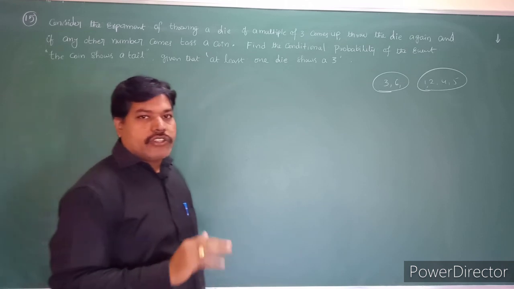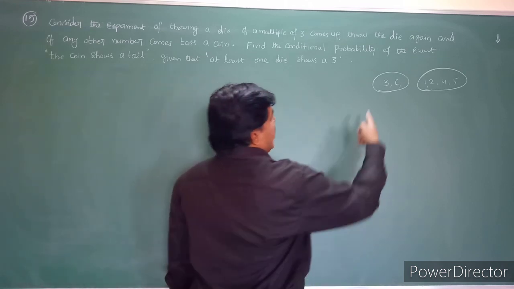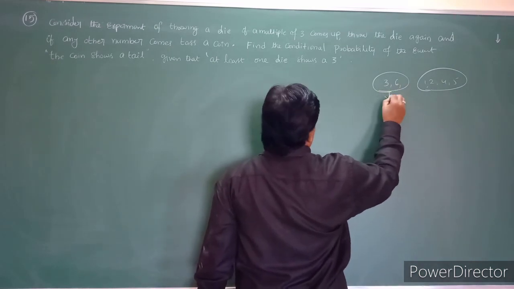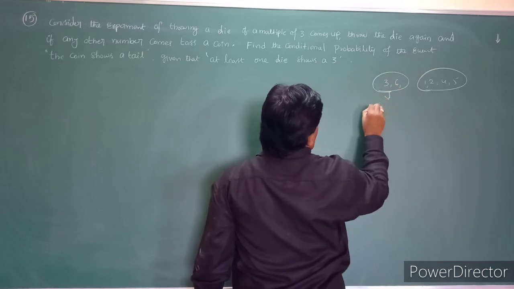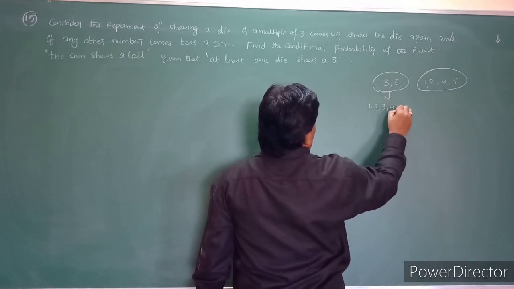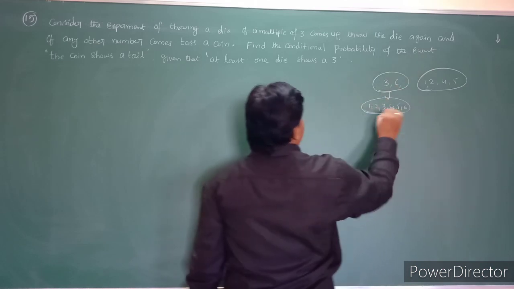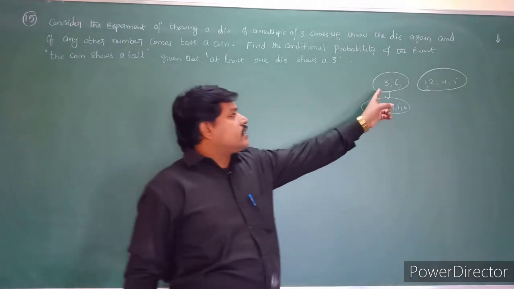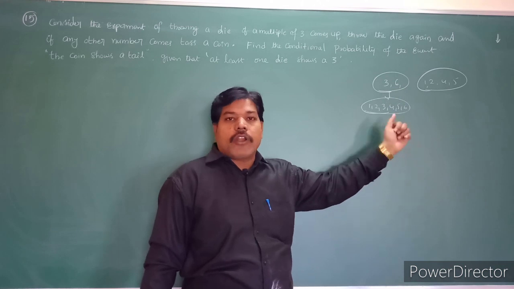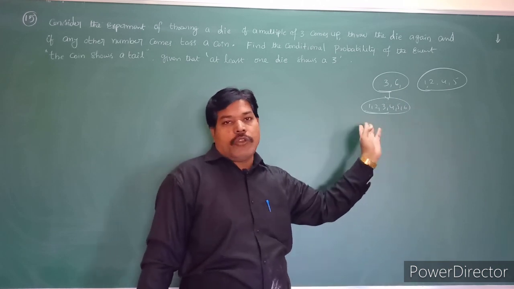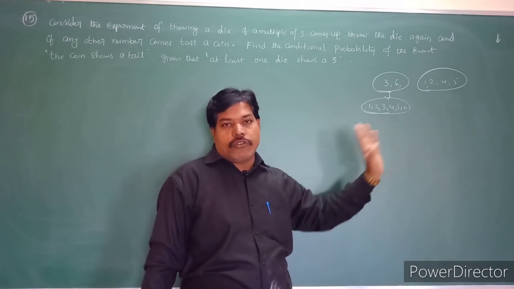If multiples of 3 come up, throw the die once again. So if 3 or 6 comes up, you have to roll the die once again. If you roll the die, you can get any one out of the 6: 1, 2, 3, 4, 5, 6.